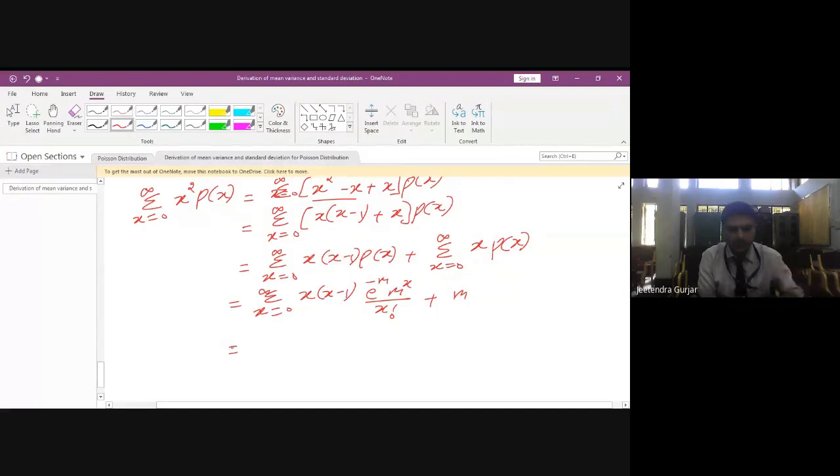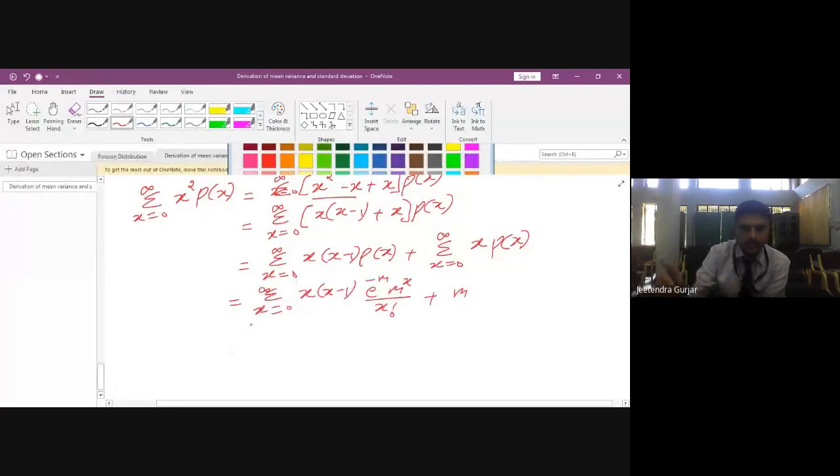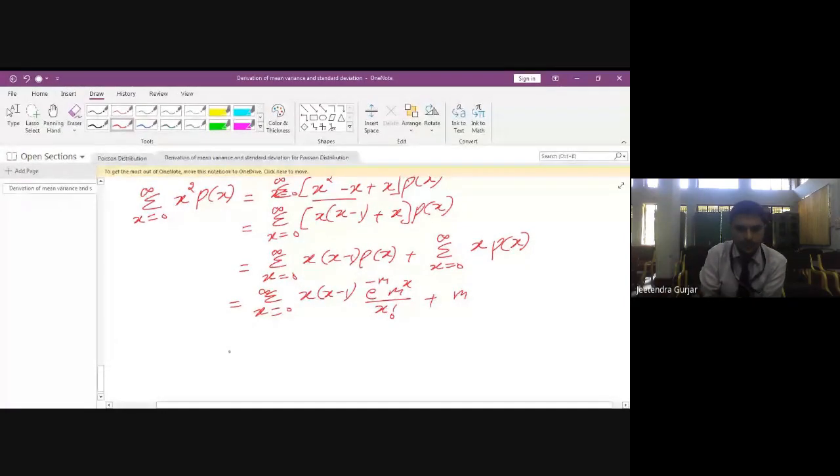So for Poisson's distribution, I can just simplify one by one: x is equal to 0, you substitute, x is equal to 1, you substitute. Substitute the values one by one, students. So first I will substitute 0. When it is 0, what do we get here, students? It will be 0 only.